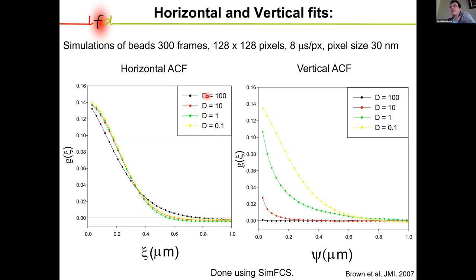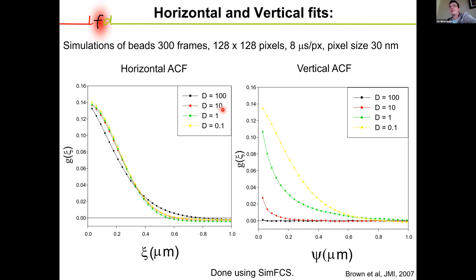So the black one is 100 micrometers square per second. For the pixel to pixel correlation, you see you have this initially faster decay, but then you have a further extension of the tail. Again, this is because molecules are now able to move and you're likely to find them at a larger distance.